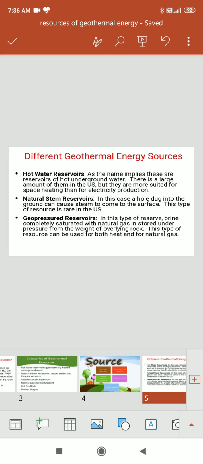So geothermal energy is not only used for space heating and cooling and production of electricity. We will extract natural gas also by using geothermal energy sources.